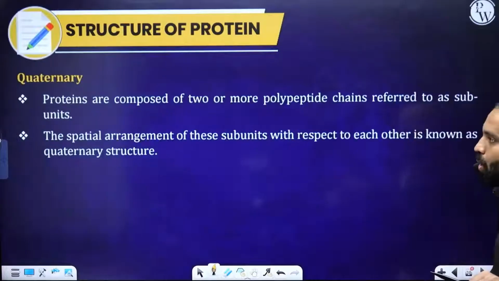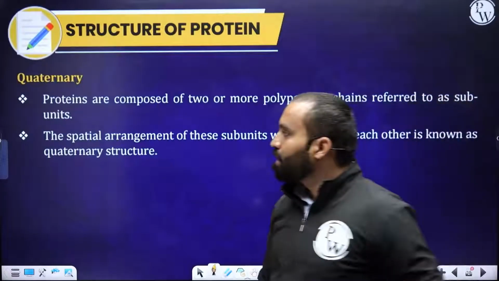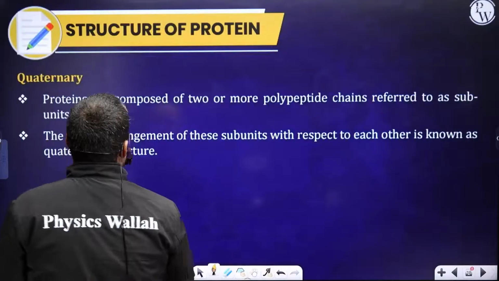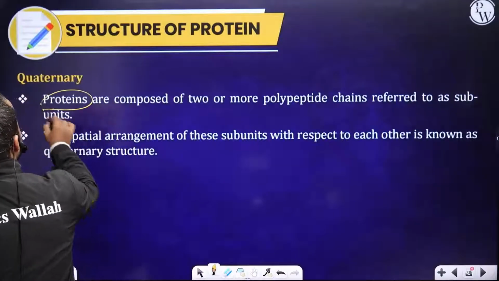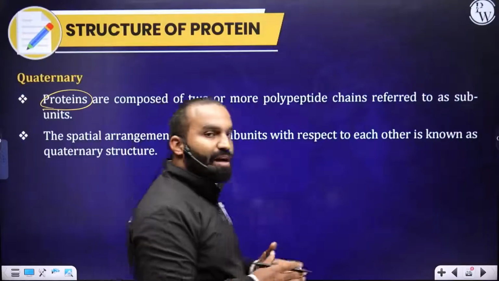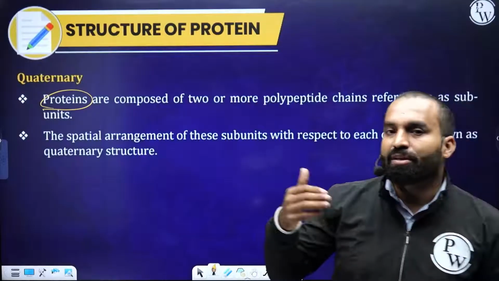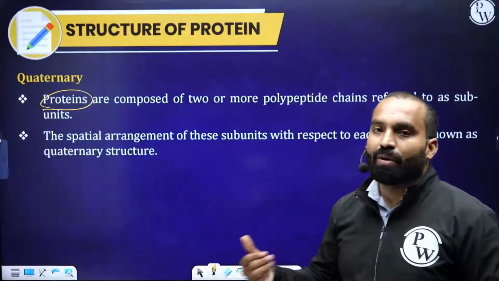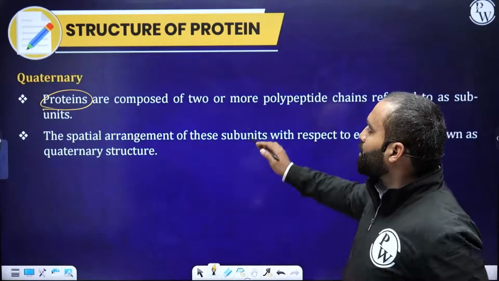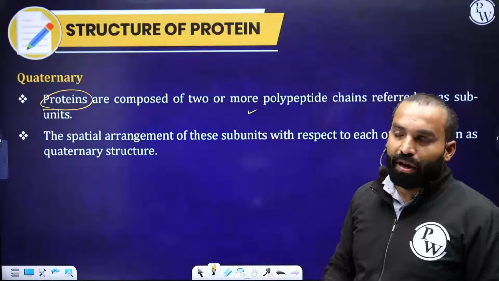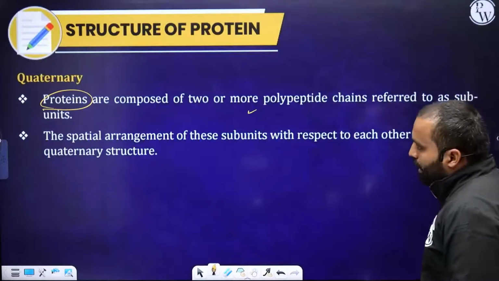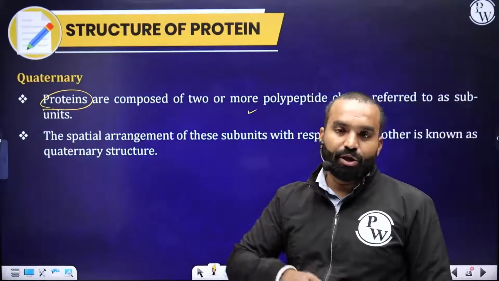Okay, quaternary structure is a little bit complex, which says proteins are generally heavy molecules, and for their molecular mass representation also, we have a different unit called Dalton. Proteins are composed of two or more polypeptide chains, and each polypeptide chain is known as a subunit.